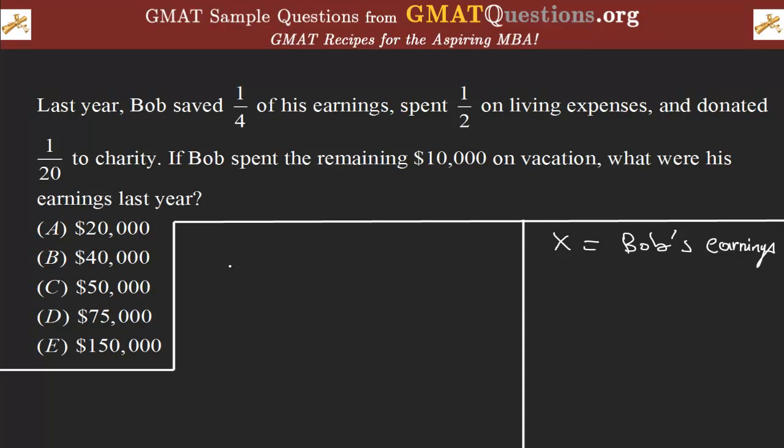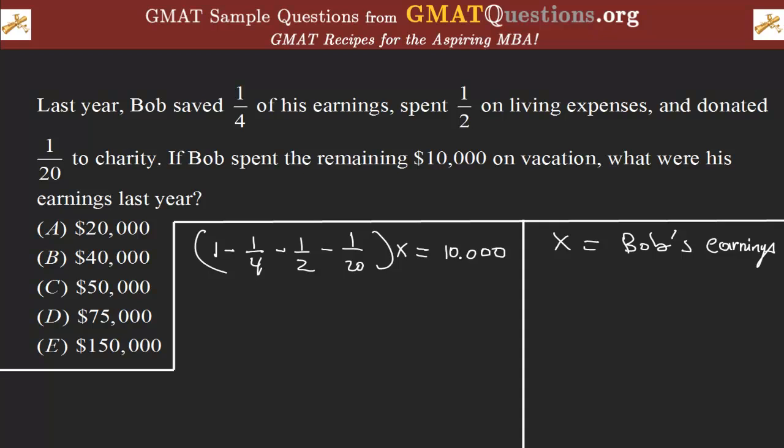So in that case, we're going to have 1, being the whole fraction representing the whole, minus 1/4, minus 1/2, minus 1/20 of X, which is total earning. This should equal 10,000.